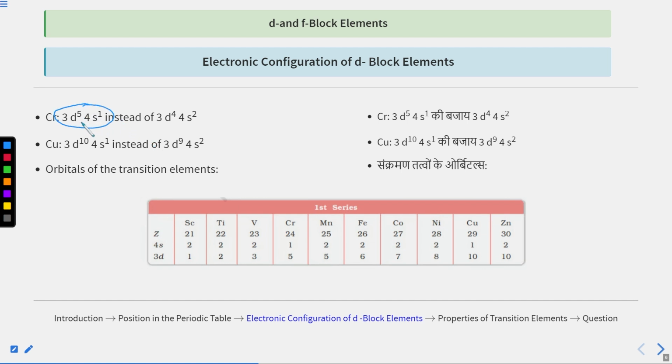So in that context, Cr should have 3d4 and 4s2. According to the normal Aufbau principle, 4s should be filled first, then 3d.